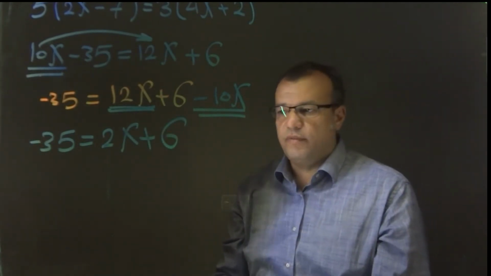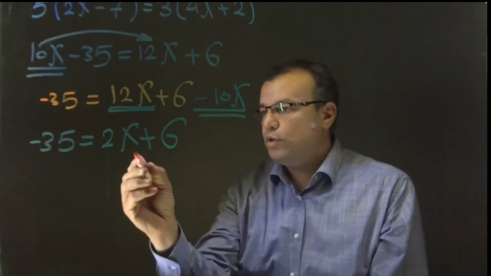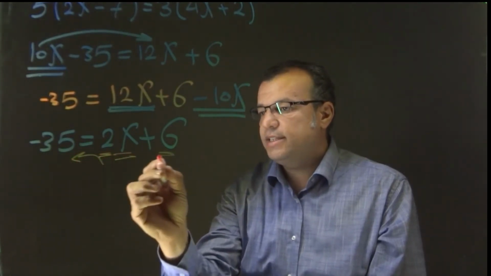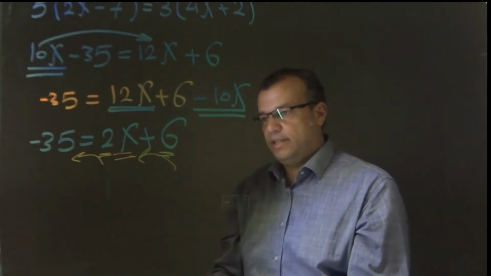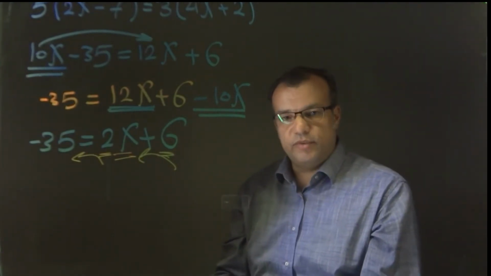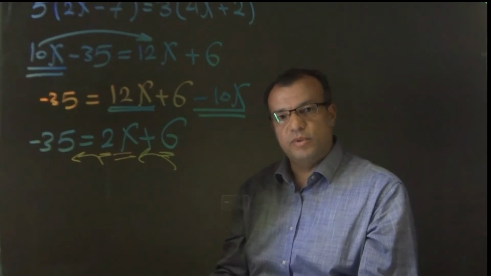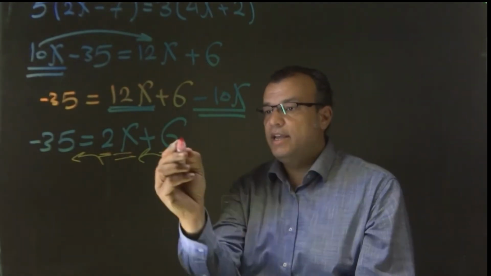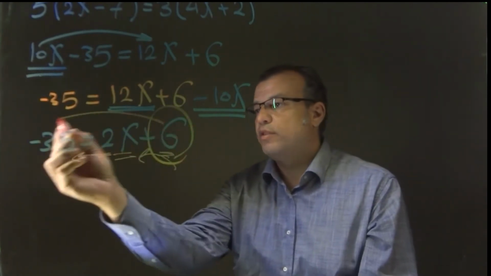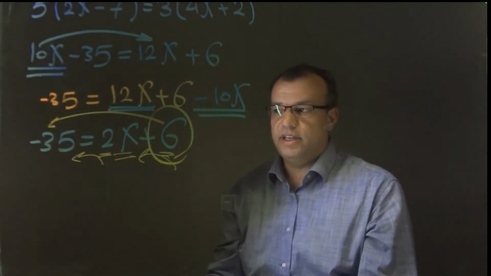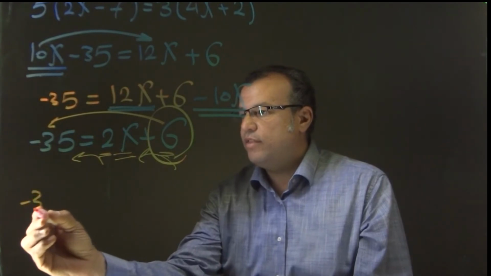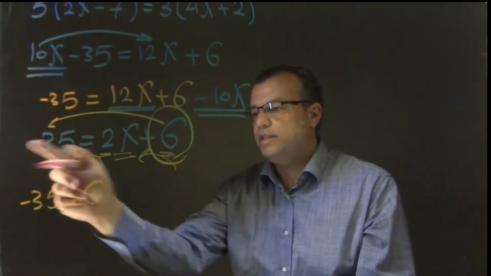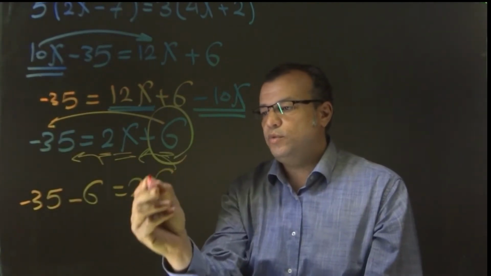It's easy to solve now. We need to keep x alone, so 2 should be moved to the other side and 6 should be moved to the other side. Which number should be moved first? Yes, adding and subtracting move first. 6 is adding, so move it to the other side by subtracting. It becomes negative 35 minus 6 = 2x.